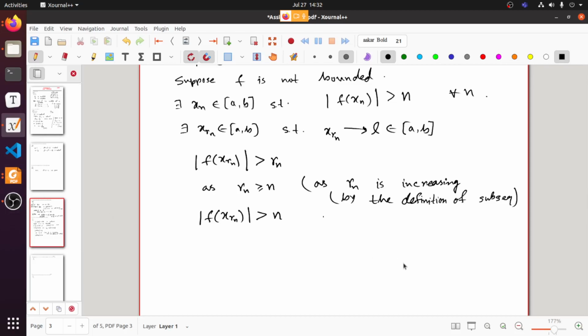Then we will arrive at a contradiction. We have to show that this cannot happen.